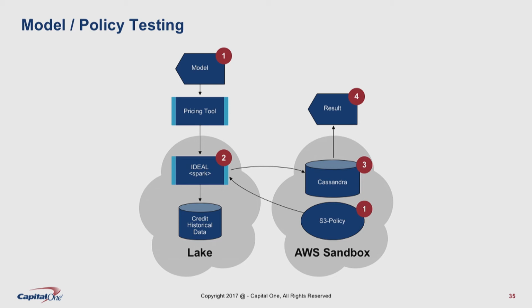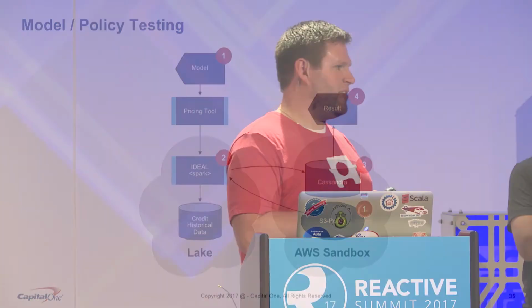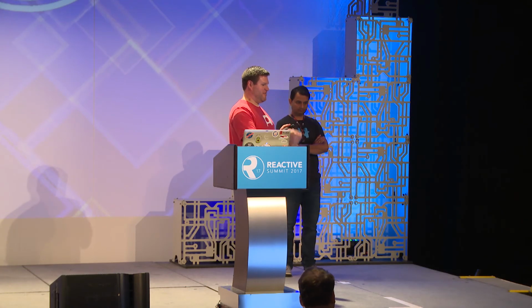Previously, we would have had our data analysts writing another SAS program or another tool and re-implementing what was already our production decisioning system. Now that we have these things modernized, Java, POJOs, we can run these in a Spark context.